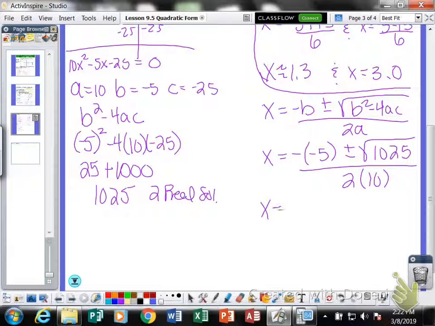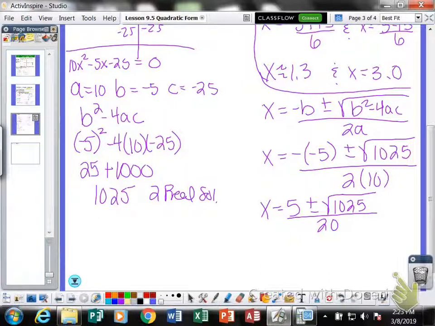So x equals 5 plus or minus, let's see, is 1,025 a perfect square? It is not. Okay, so when it's not a perfect square, leave the root. So plus or minus root 1,025 all divided by 20.